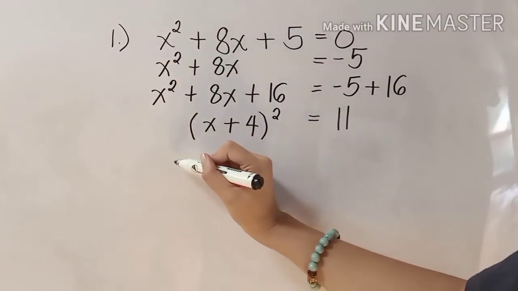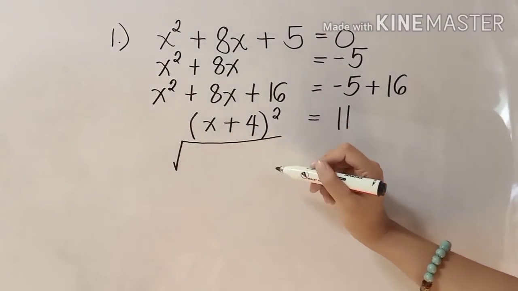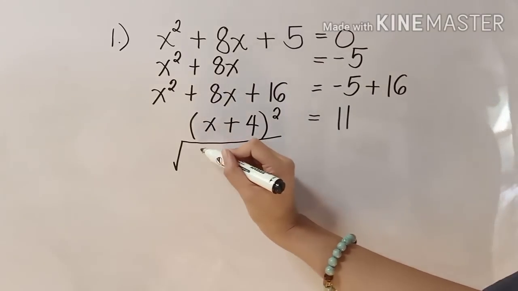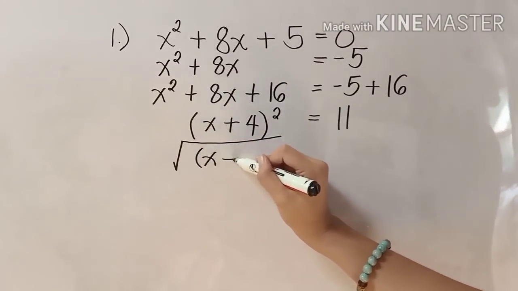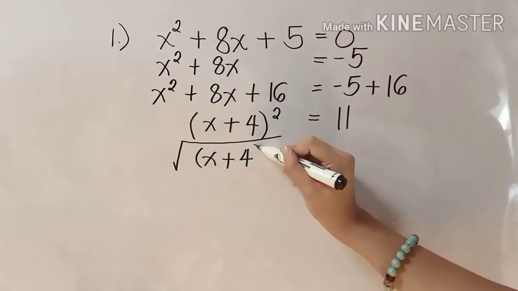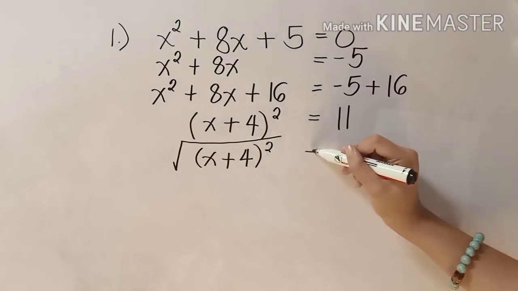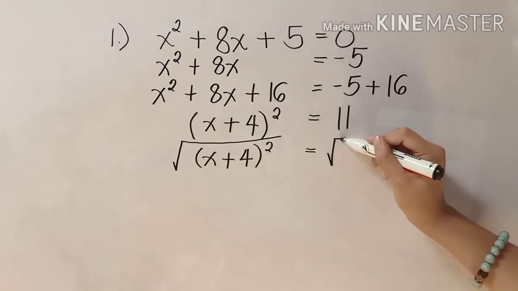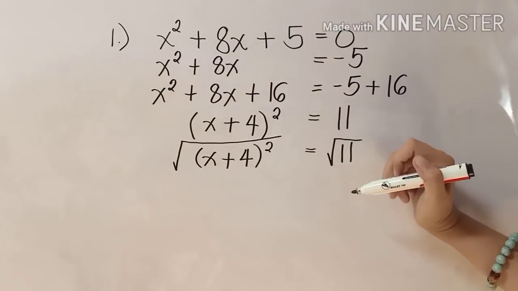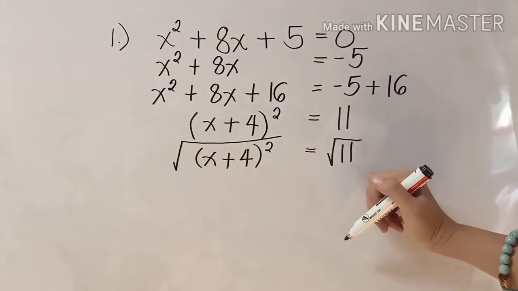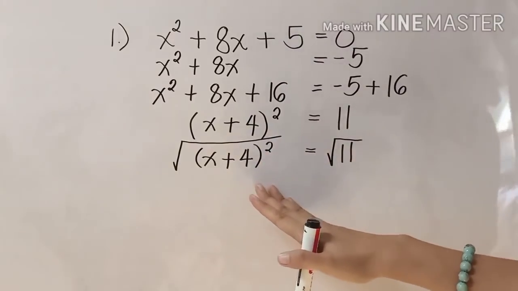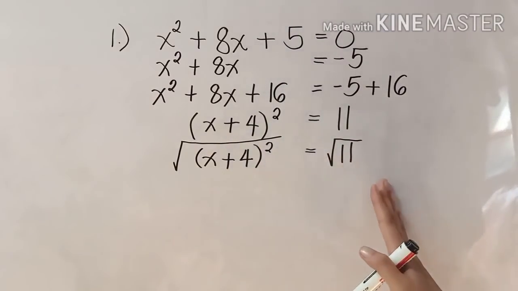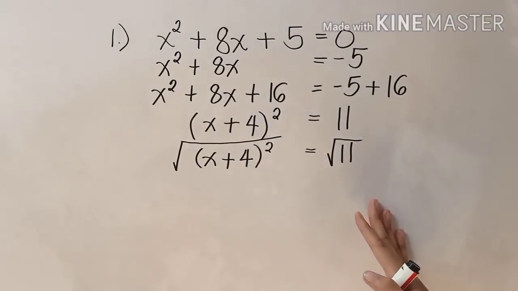Now, square root is needed to get rid of the exponent 2. So the square root of x plus 4, which is raised to 2, is equals to the square root of 11. Again, always remember that whatever you do on the left side will also be done on the right side to retain the equality symbol.